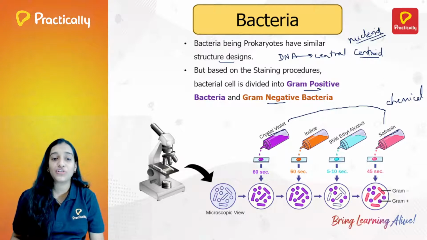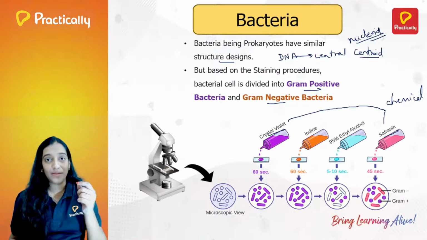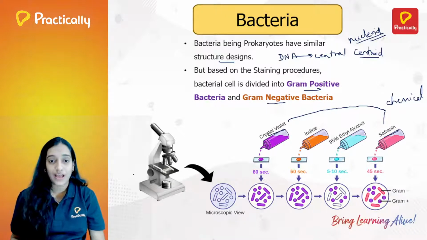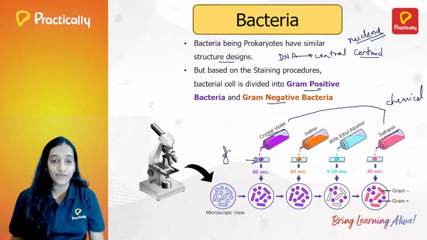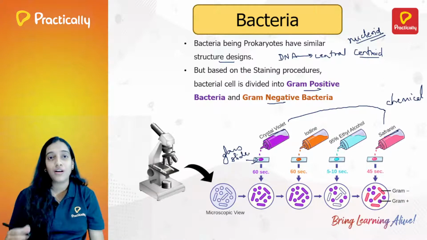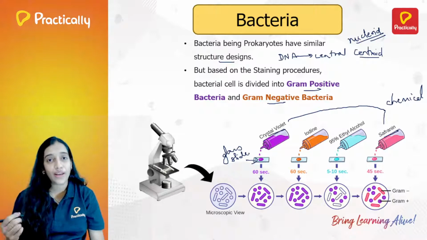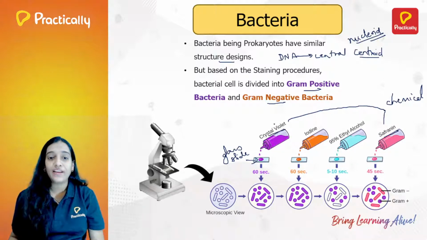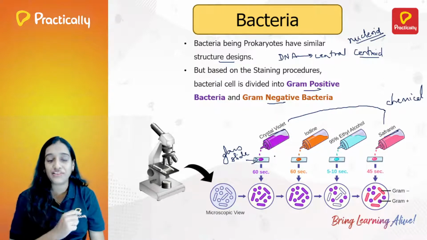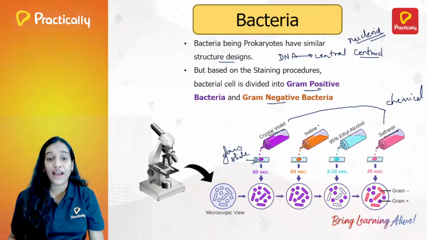So in this procedure, we take a small drop of bacteria onto a glass slide. So this is the glass slide. We take a small droplet of water which may contain organisms. Then we add crystal violet and wait for some time. Then we add iodine solution.